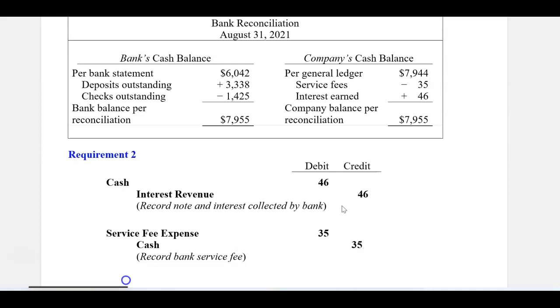Okay, and also you have to recognize the interest that you earned. So cash needs to be increased by $46. That's a debit. And interest revenue needs to be recognized, and you increase your revenue by $46. That's a credit. So anything in the company's cash balance should be recognized as a journal entry.